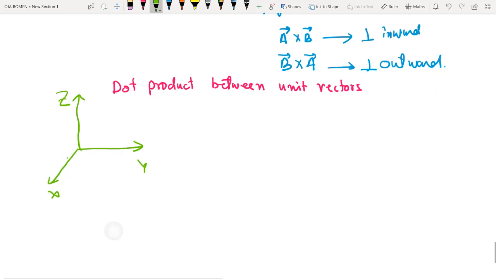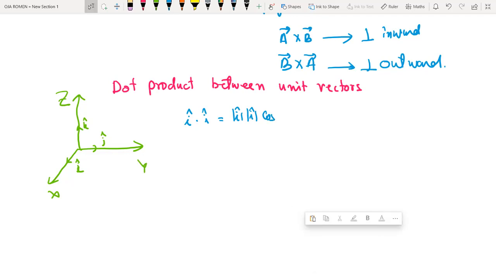I is unit vector along x-axis, j is unit vector along y-axis, k is unit vector along z-axis. Then I dot I, from the definition of dot product, is magnitude of I, magnitude of I, cos of the angle between I and I, that is 0 degree. So this is 1, because magnitude of I is 1, and cos 0 is 1.